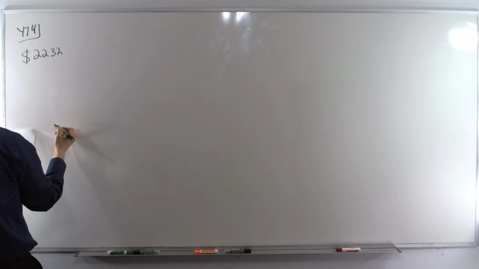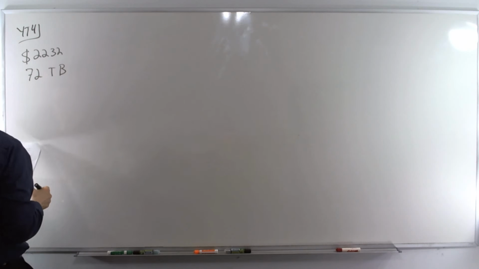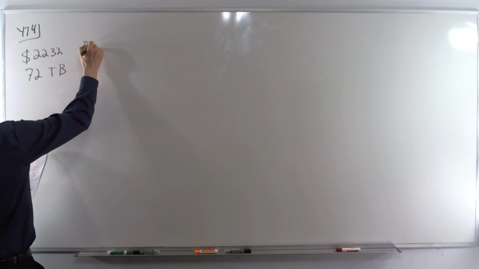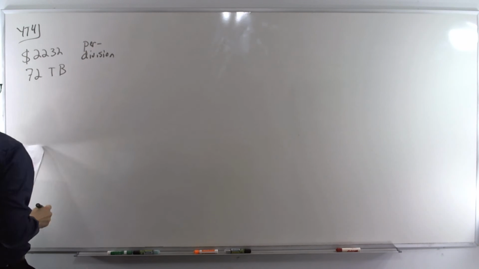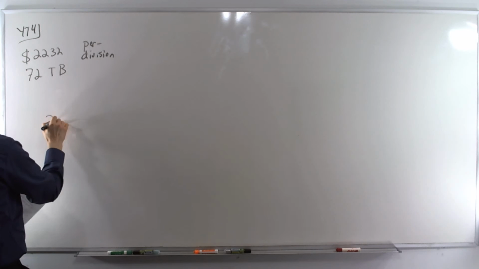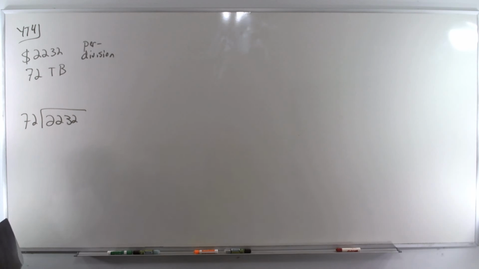So we got $2,232 and 72 terabytes. All right, per indicates division. So let's try doing 2232 divided by 72.